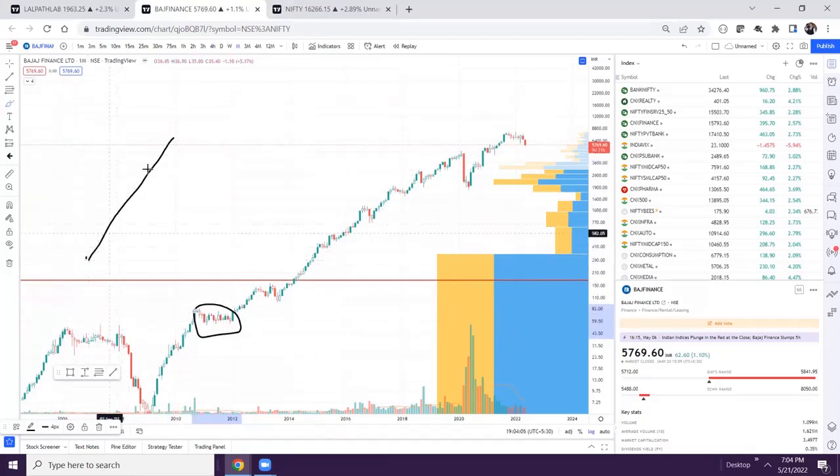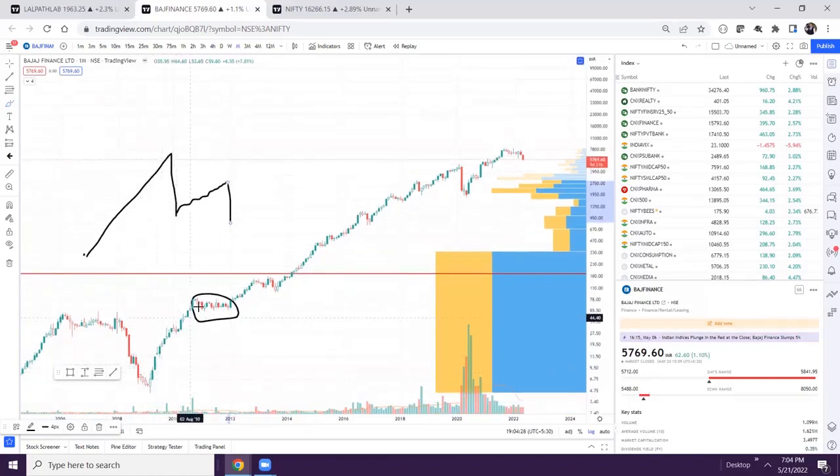So suppose there is an impulse. Once this impulse is over, we will get one fast impulse down. Then we will get one corrective pattern like this, and again a fast impulse down. Let us apply this here.